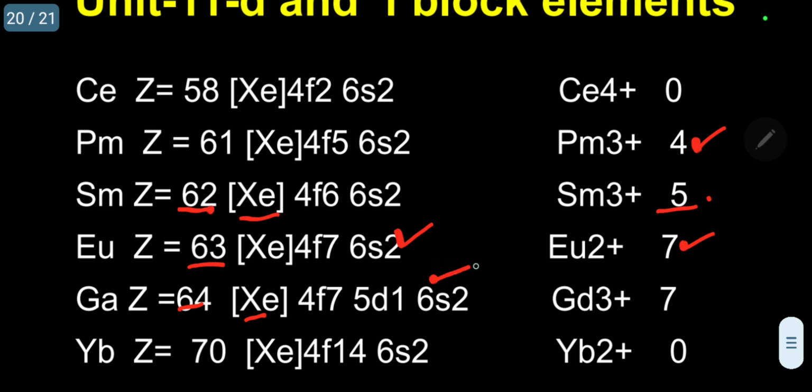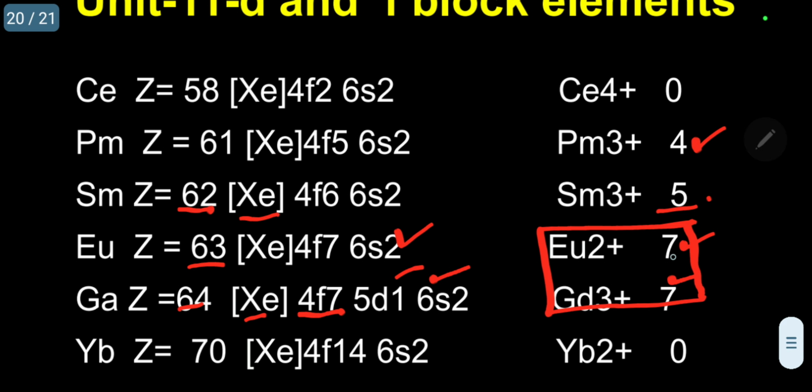So 3 plus, 2 and 1 go, 4f7, it is half filled, more stable. Lastly, Yb, atomic number 70: xenon inner configuration, 4f14, 6s2. 2 plus, 4f14 is more stable. So here, these two are diamagnetic.